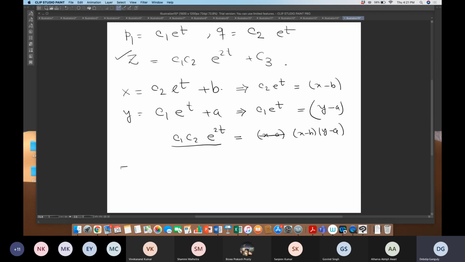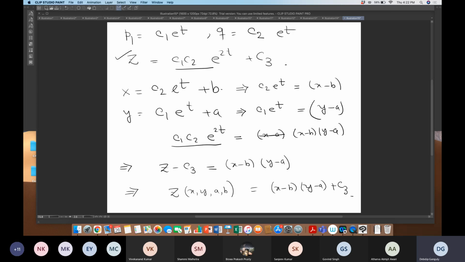You see here, if you substitute, z minus c3 is equal to x minus b into y minus a, and these imply z of x, y, a, b is x minus b into y minus a plus c3. Clear? Yes or no? Clear or not?